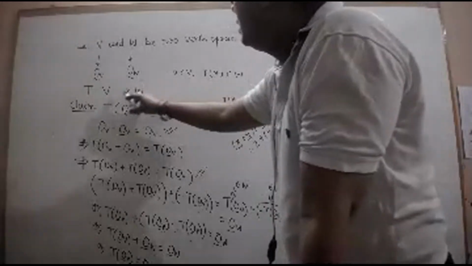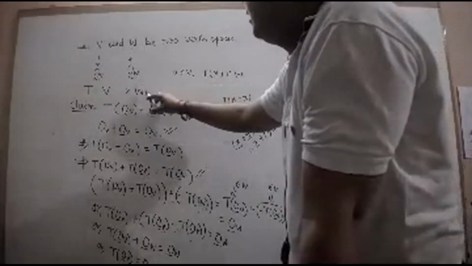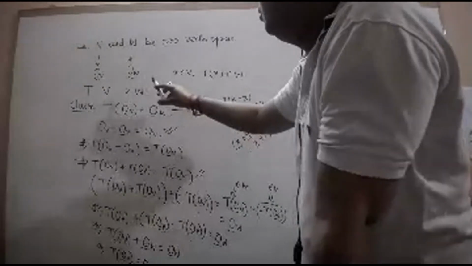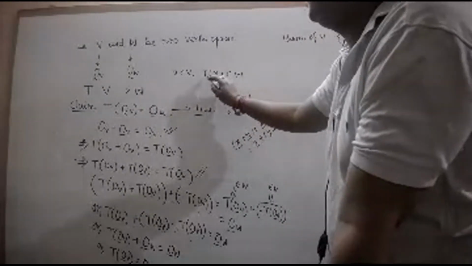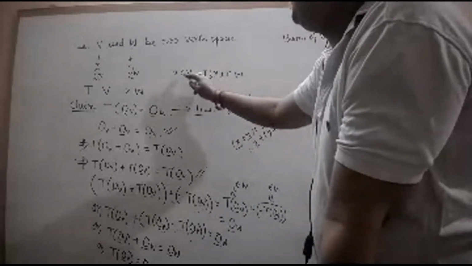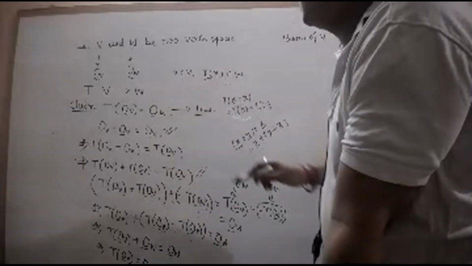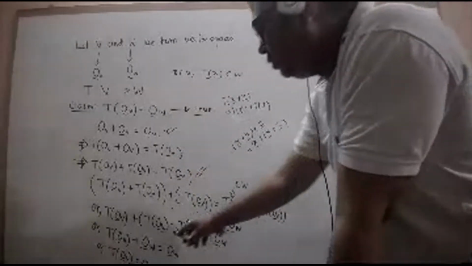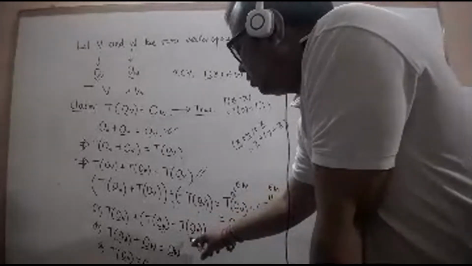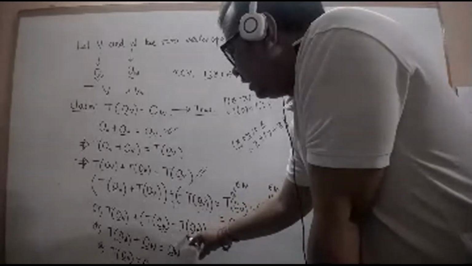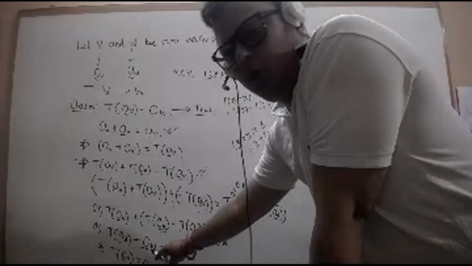Through a linear transformation, we get a vector from W using V. This is the operator. So if x belongs to V, then T(x) belongs to W. So these two vectors both belong to W. Hence we get the null vector of W, that is O_W.